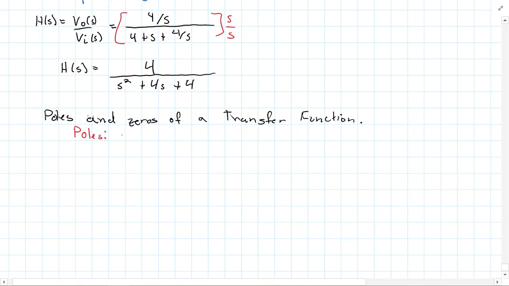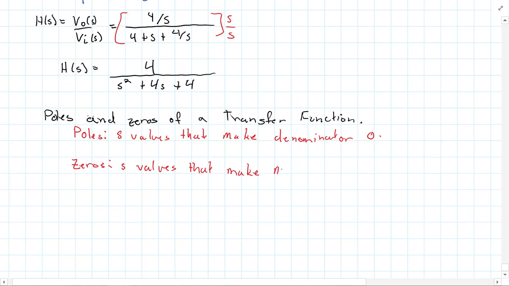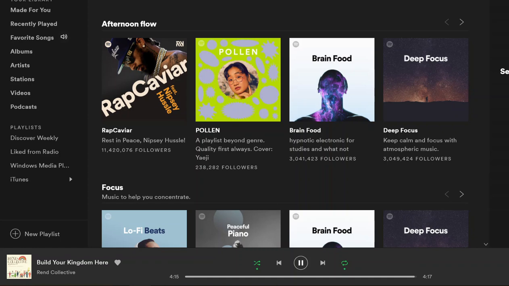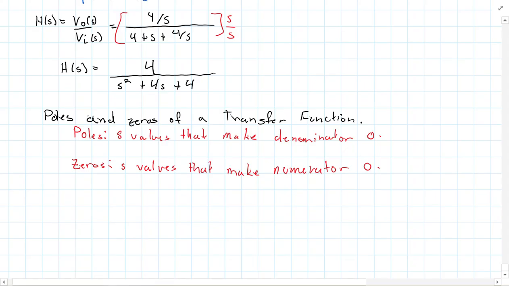Poles are S values that make the denominator 0, and then zeros are S values that make the numerator 0.